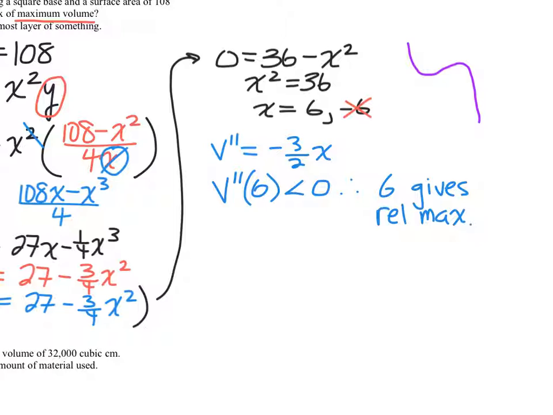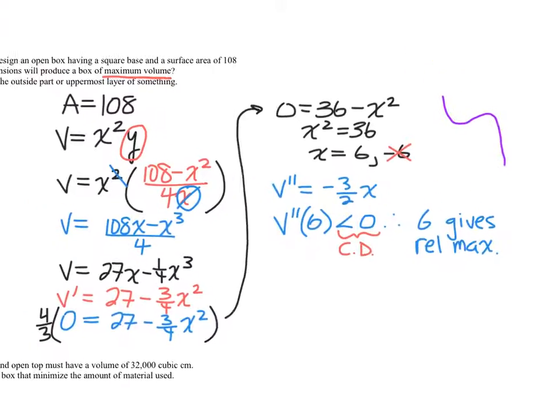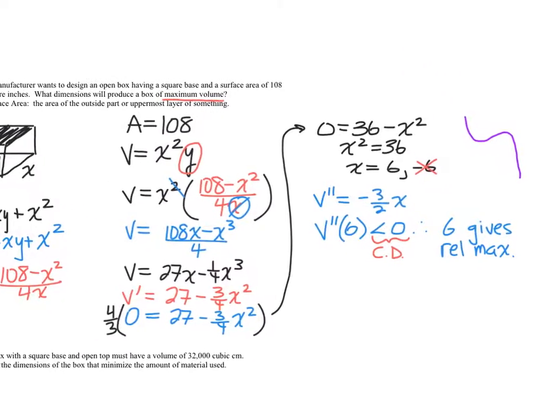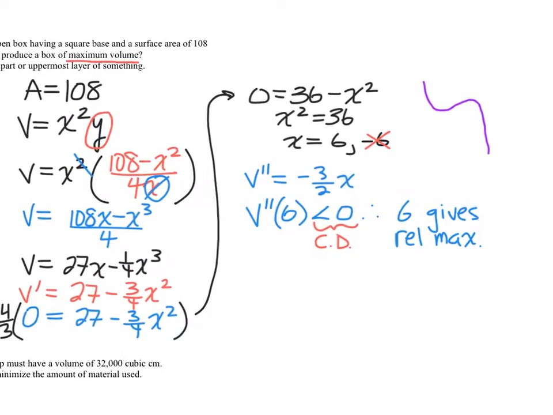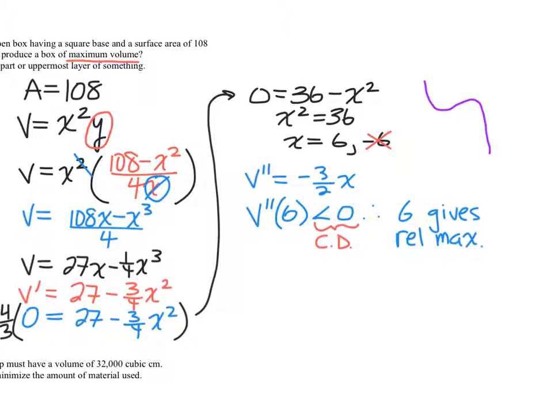Because this whole part of it is talking about an interval that's concave down. If it's concave down and you have an extreme value on that interval, it must be a max. So we just have to make sure we answer the question that was being asked. What dimensions will produce a box?